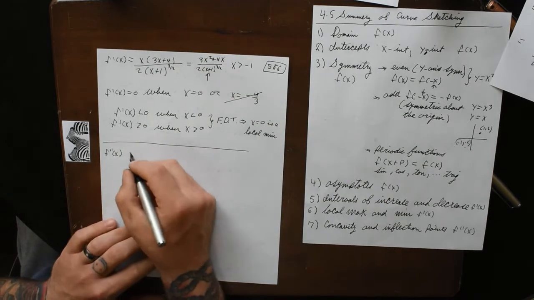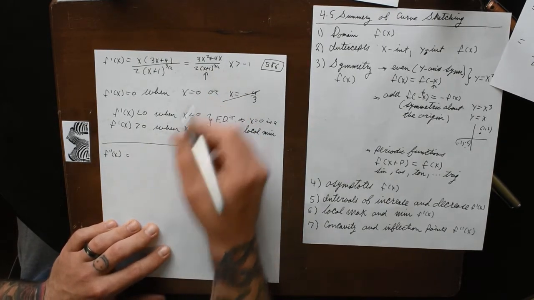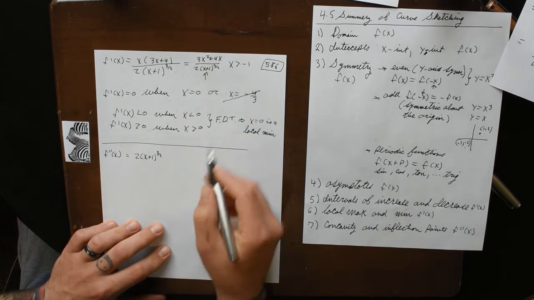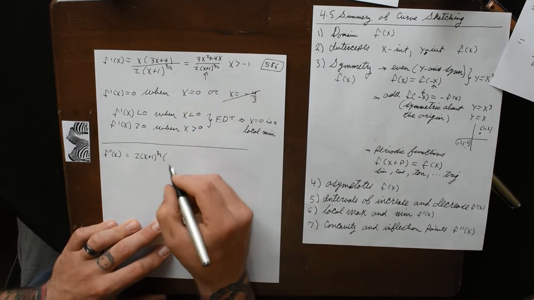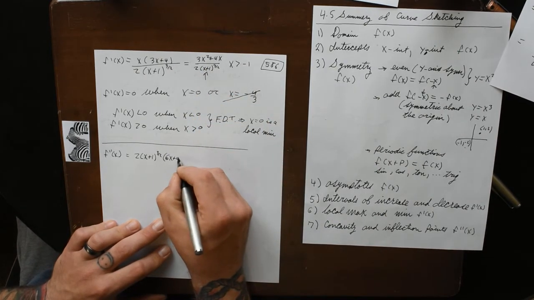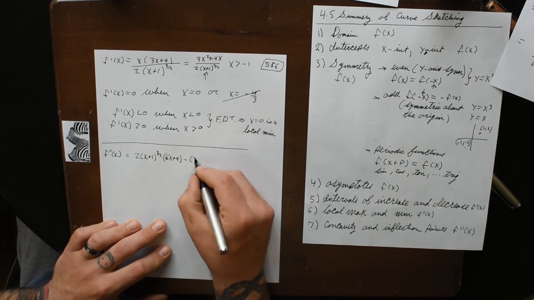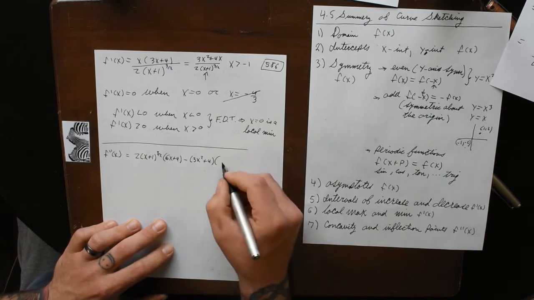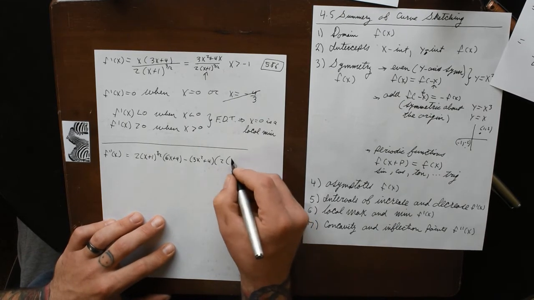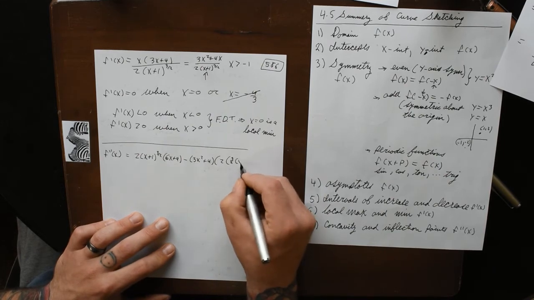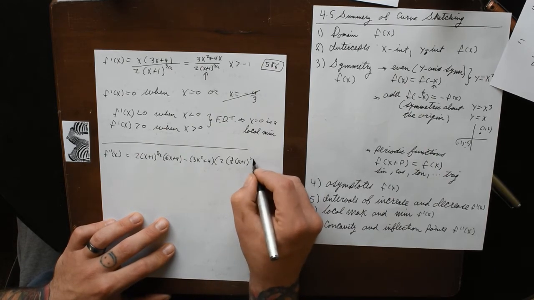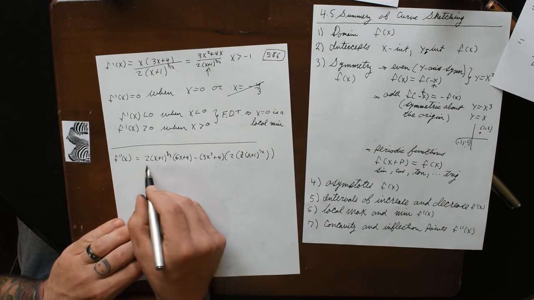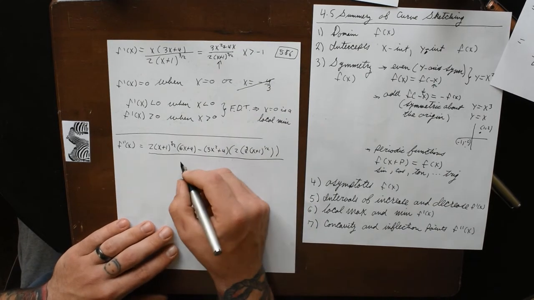So this is going to be equal to our low, 2 times (x plus 1) to the 3 halves, low times the derivative of the top, which is 6x plus 4, minus our top times the derivative of the bottom, which is 2 times 3 halves of an (x plus 1) to the 1 half times the derivative of the inside, which is 1. All divided by our denominator squared.